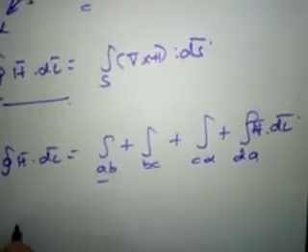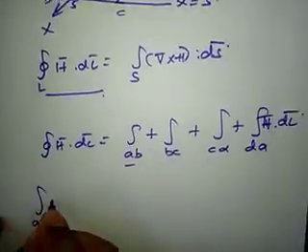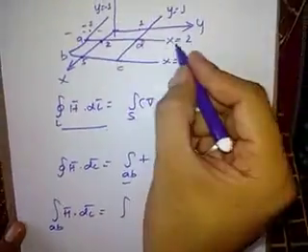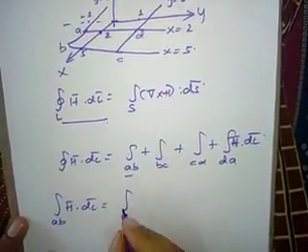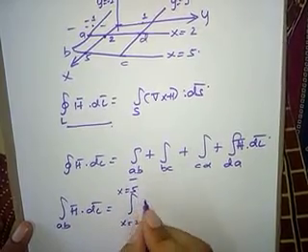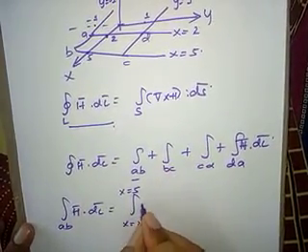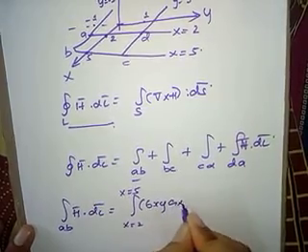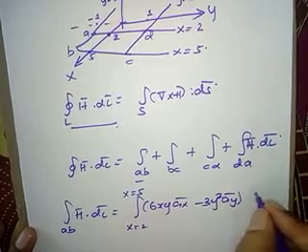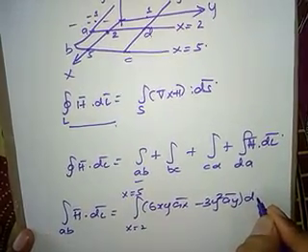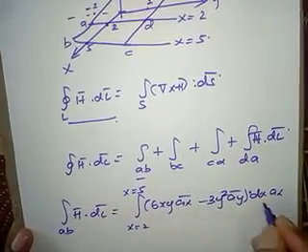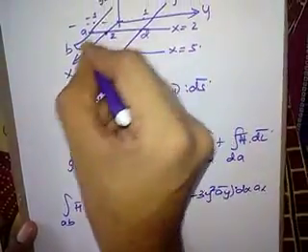So let us evaluate each of these: a b, b c, c d and d a. So a to b of h bar dot dl bar is equal to the integral, where a to b is between x equal to 2 to 5. X varies here. So it will be the given equation, 6xy ax bar minus 3y square ay bar, dot dl bar, which is dx ax bar, because x is varying here.